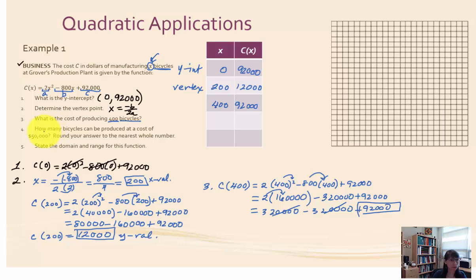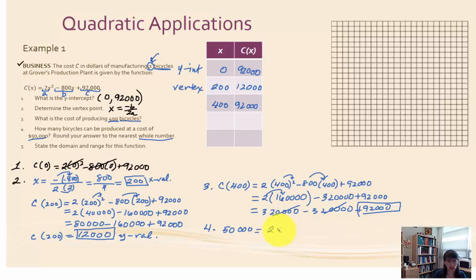In question 4, how many bicycles can be produced at a cost of $50,000? Round your answer to the nearest whole number. All right, so this time we're given a cost. So instead of writing C evaluated with an x value, we already know that 50,000 must be equal to the function.